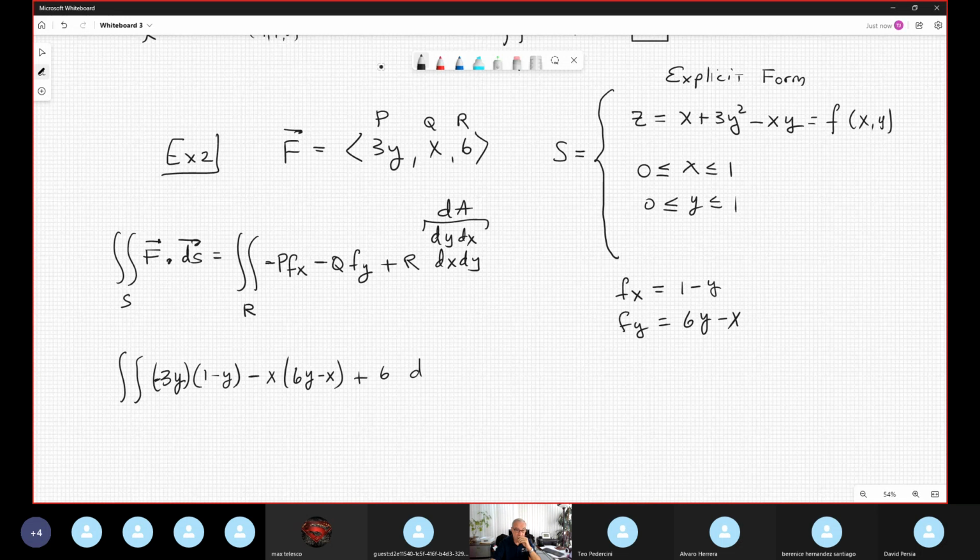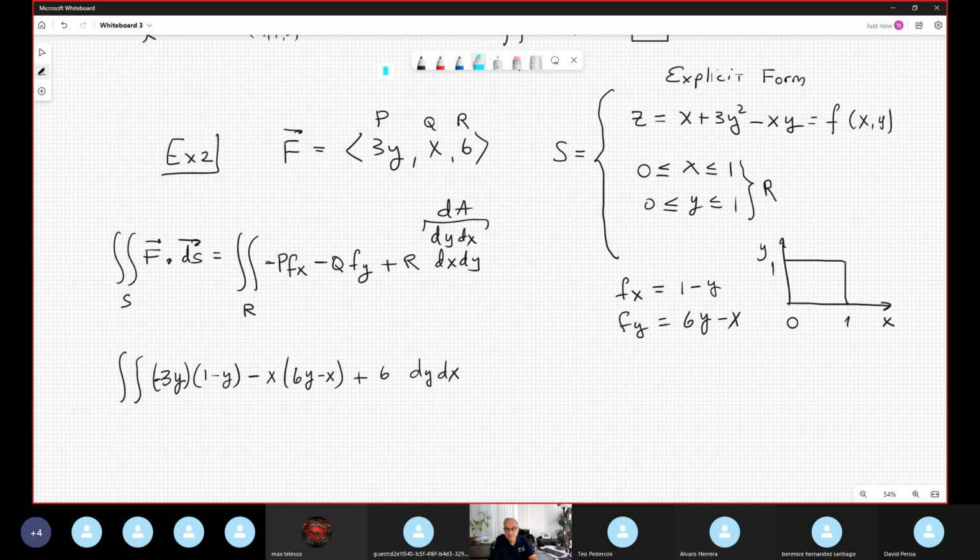To integrate dy dx, because the region R is this actually. If you want to see it graphically, it is something like that, 0 to 1, 0 to 1.